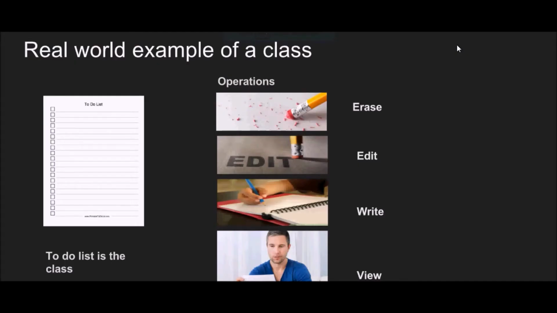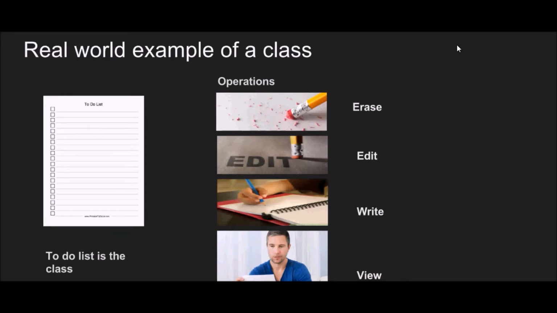Before you open the software, I would like to give you an example of what a class is. For those people who don't have any knowledge about what a class is, I will try to help as much as possible by creating an example here. Let's say what we're trying to build here is a to-do list app. Basically, the to-do list app itself is a class.